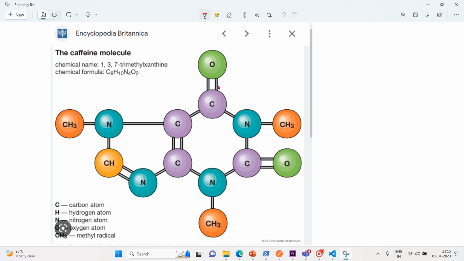The chemical formula is C8H10N4O2, and you can see these are all hydrogen atoms. These are the chemical bonds, the bond between a carbon and a nitrogen or a hydrogen. I hope you know that there are mainly three types of bonds: one is a covalent bond, then an ionic bond, and then a metallic bond.